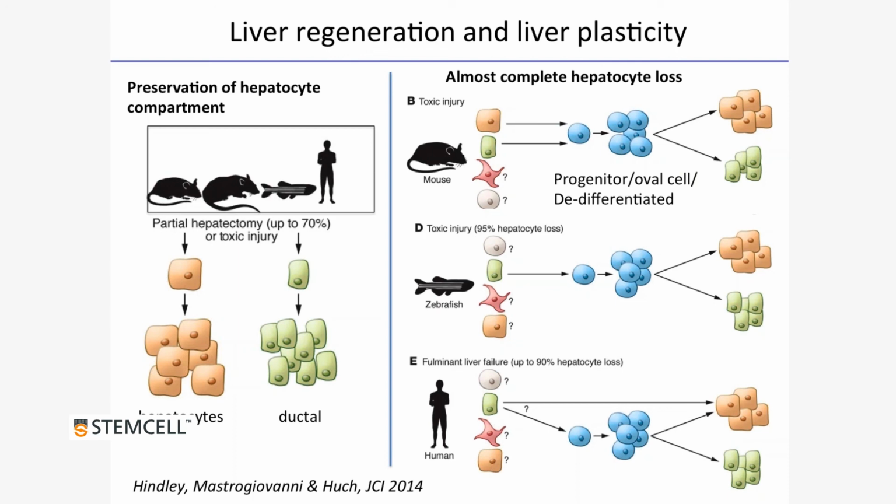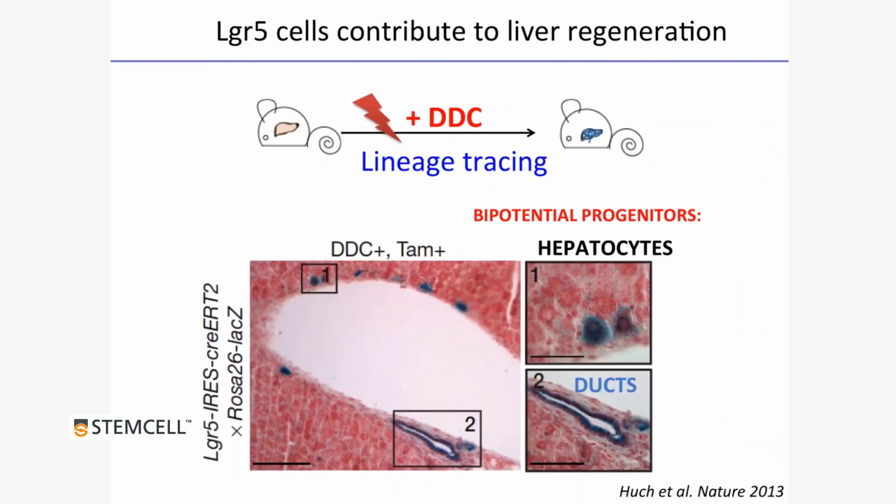Because we were studying LGR5 as a Wnt target gene, we were of course interested in looking in the liver. Utilizing again lineage tracing experiments, if we damage the liver and induce lineage tracing, we see that LGR5 positive cells contribute to the generation of hepatocytes as well as ductal cells.